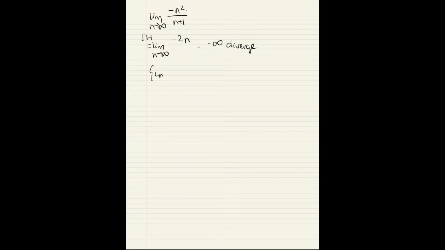Sequence c_n equal to n squared minus 1 over n squared plus 1 times n squared minus 1.